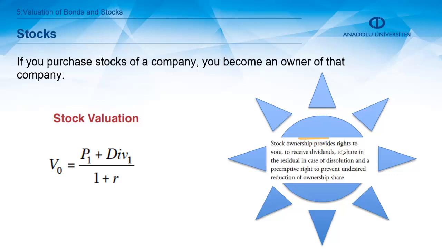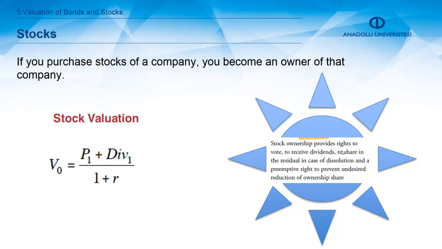You just give some credit to this company and the company will repay you the principal and pay you the interest payments. But in stocks, there is no specified repayment from a company. There are no specified dates and specified exact amounts of money that you will earn.